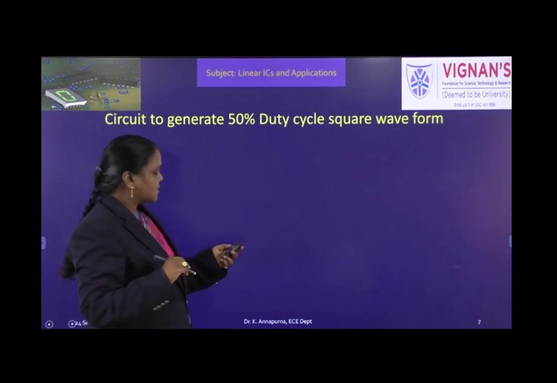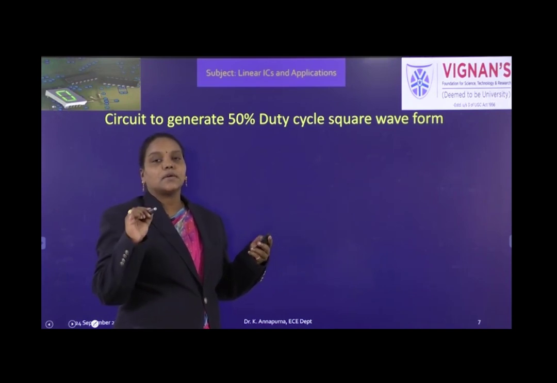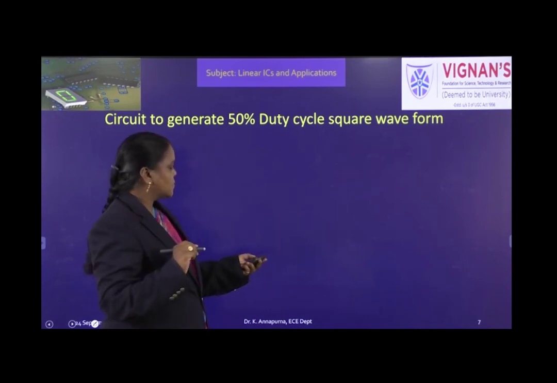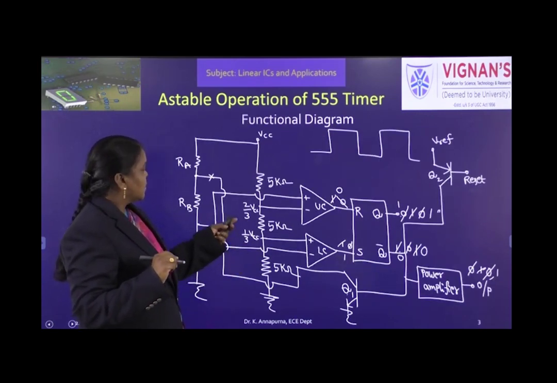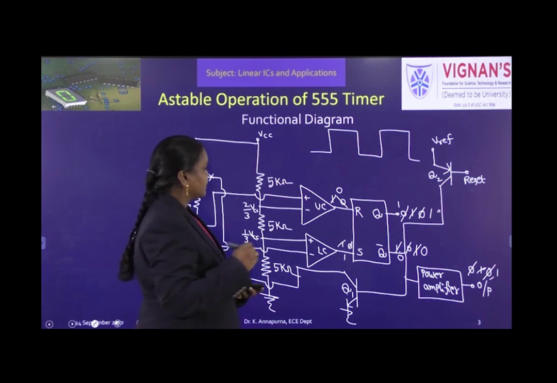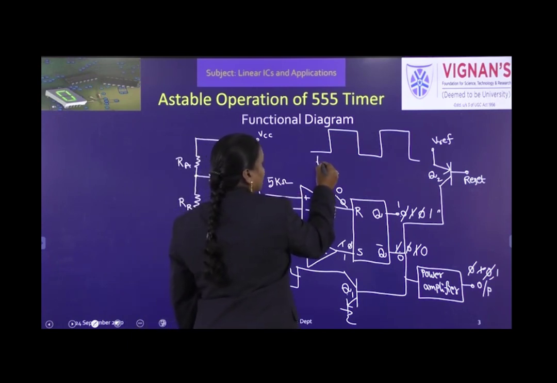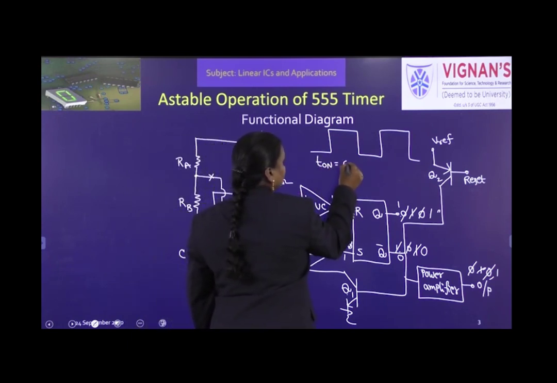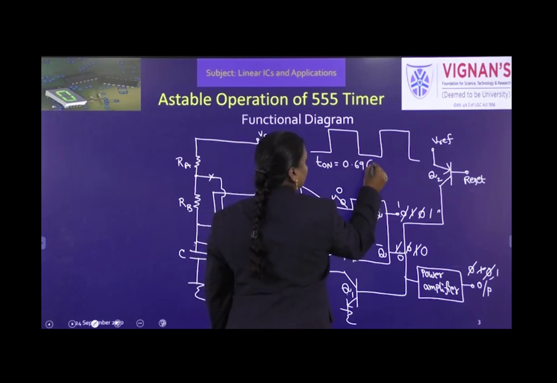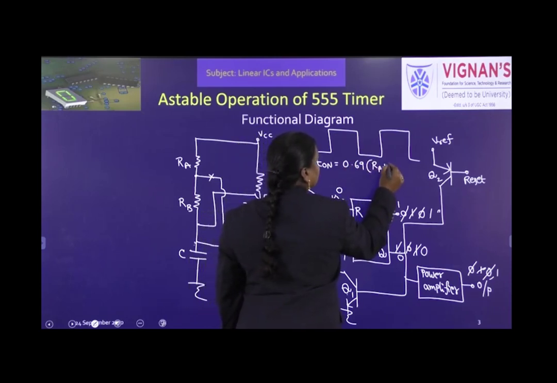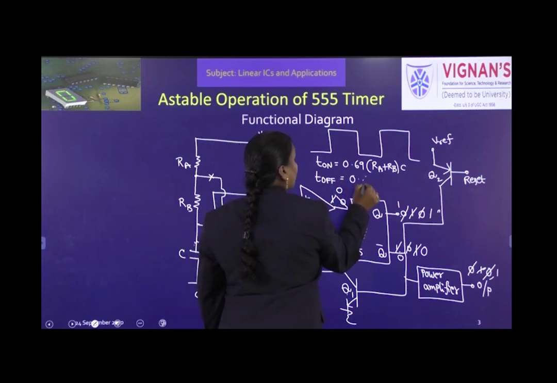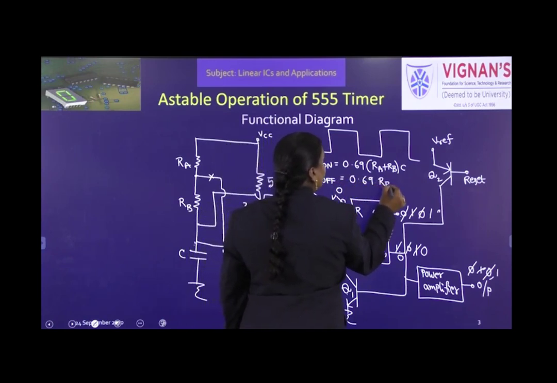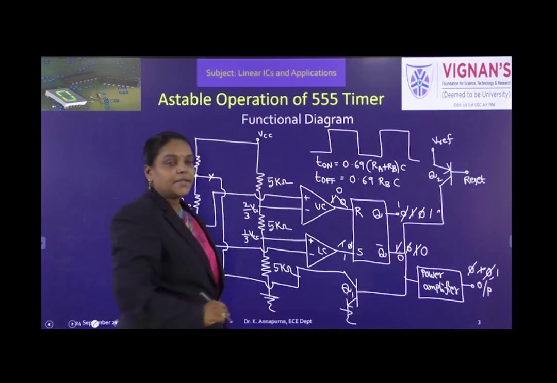Now let us see, can we generate a square wave of any duty cycle? Just now we have described the operation. See here, what is the on period we got? T on is equal to 0.69 into RA plus RB into C, and T off is equal to 0.69 RBC, right?